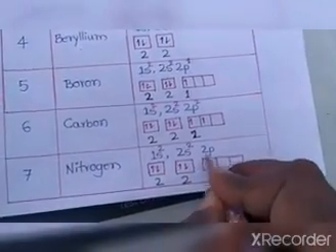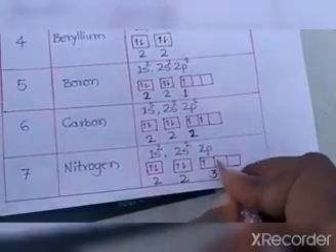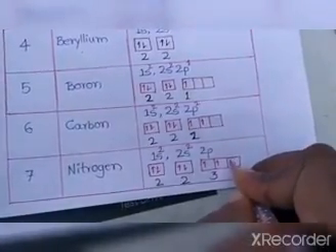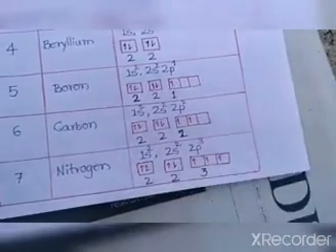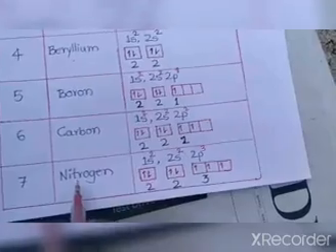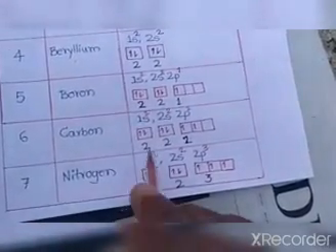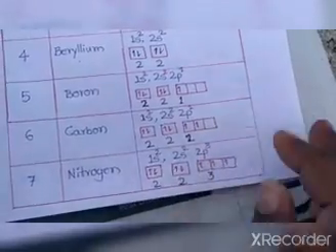Next, the fifth electron will go to the p, then the sixth is also occupied in p, the seventh is also occupied in p. Therefore its electronic configuration will be 2p3. Nitrogen atomic number is 7, electrons are 7, and its electronic configuration will be 1s2, 2s2, 2p3.